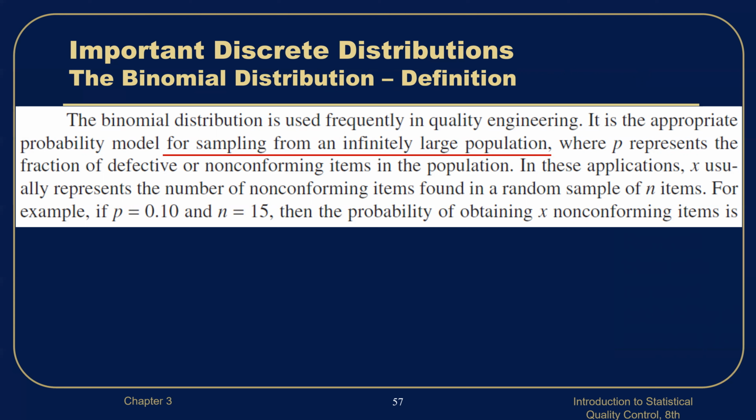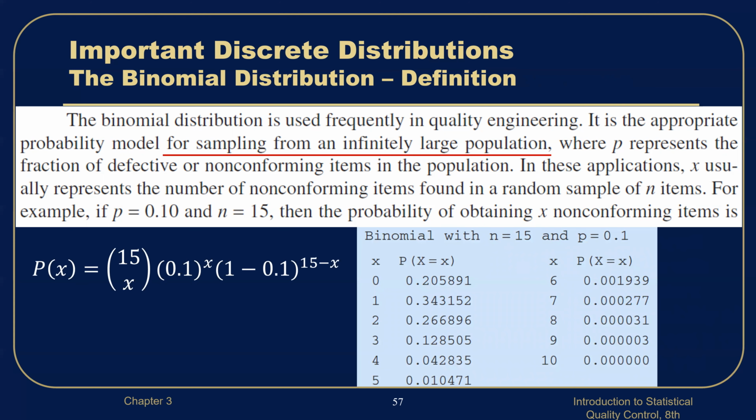For example, here is an example. If p equals 0.1 and n is 15, then the probability of obtaining x non-conforming items is, we use the equation like this.